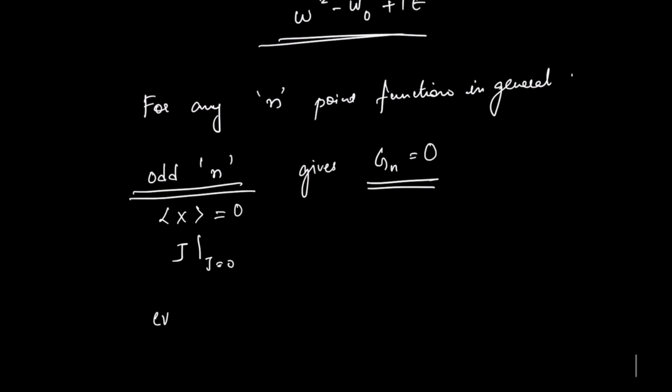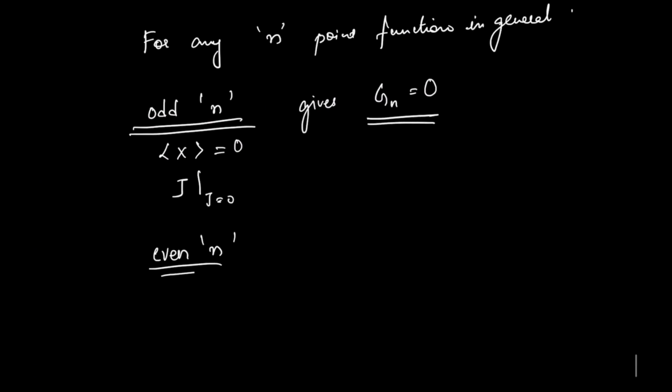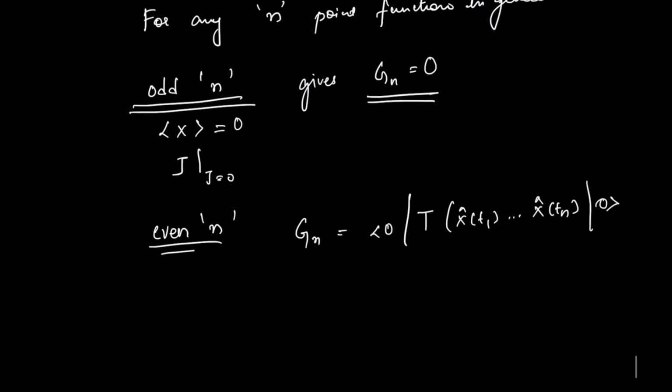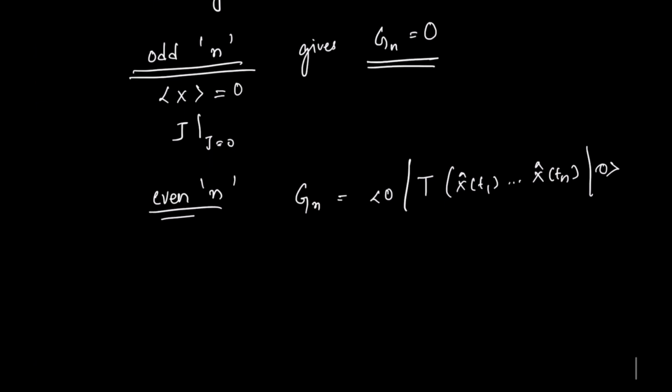And for even n, Gn will be something like this: time ordering of t1 up to tn. Here the sum of all possible contractions between the x's will be present.